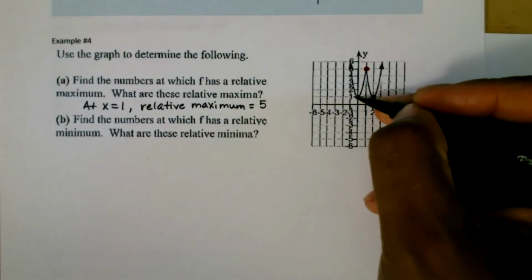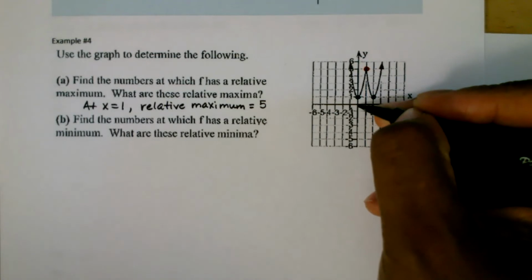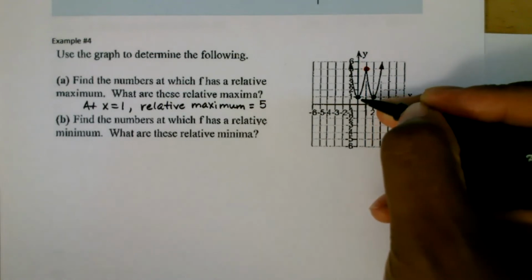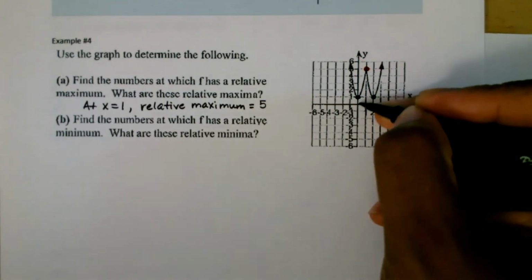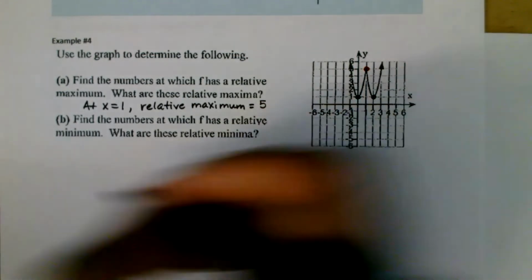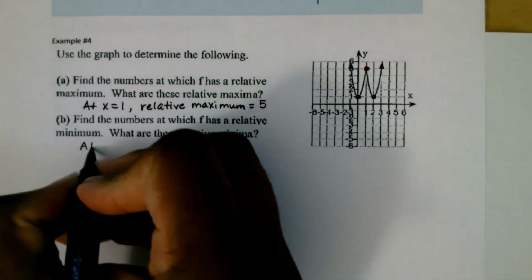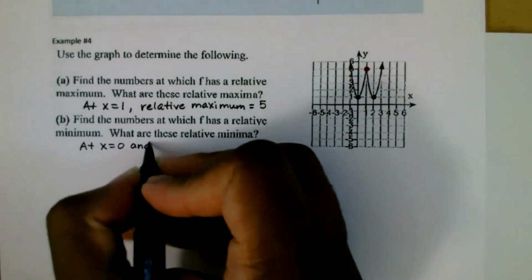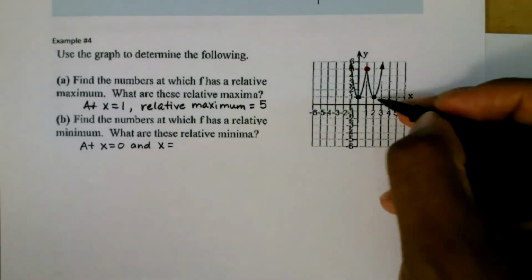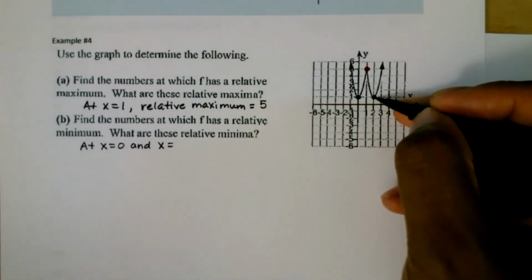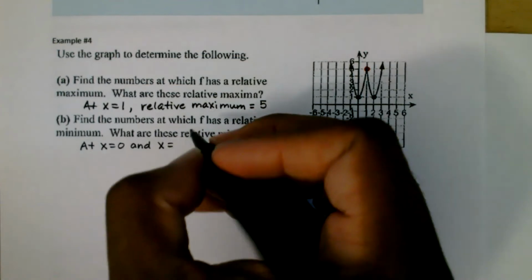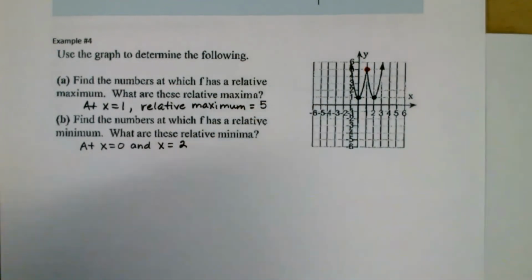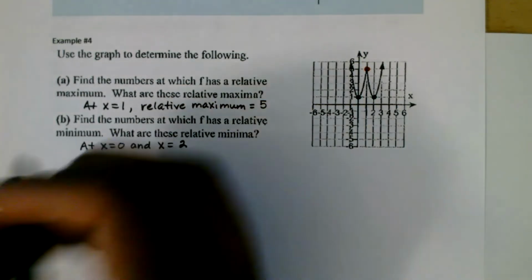So here's one relative minimum, and it occurs at x equal to 0. So at x equals 0, and the other relative minimum is right here. It occurs at x equal to 2. So at x equals 0 and x equals 2, we have a relative minimum.